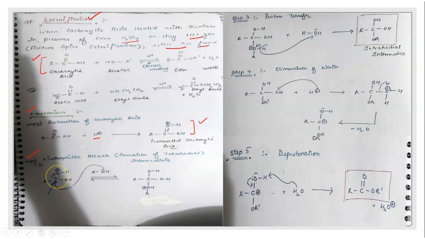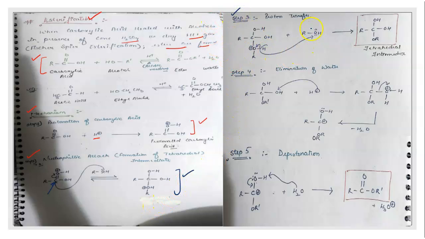So it will try to retain its stability by acquiring the electron from this particular bond, C double bond O. Also oxygen is more electronegative in nature, which is why it is going to attract the shared pair of electrons towards itself, making this particular carbon electrophilic. And now it is more susceptible to get attacked by this alcohol nucleophile over here. This results in this particular structure, that is your tetrahedral intermediate, correct?